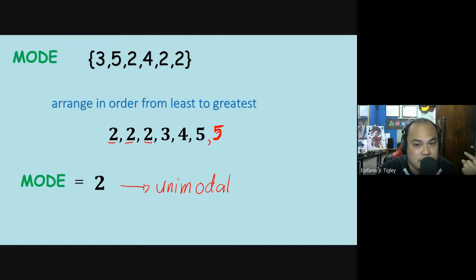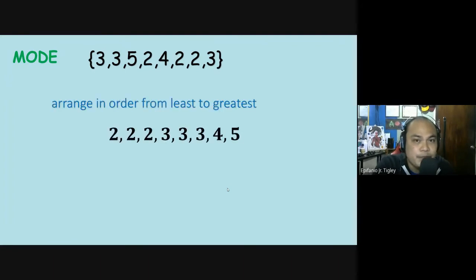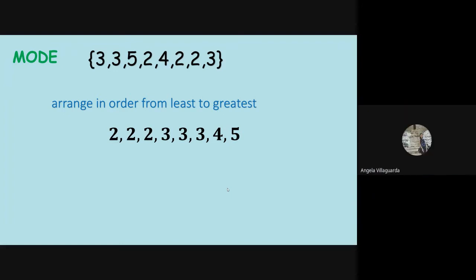Okay? Let's have another example. What if you're given 3, 3, 5, 2, 4, 2, 2, 3? Let's arrange that. This is the arrangement: 2, 2, 2, 3, 3, 3, 4, 5. What is the mode in this data set? 2 and 3.